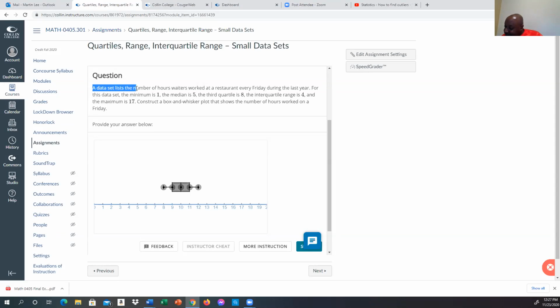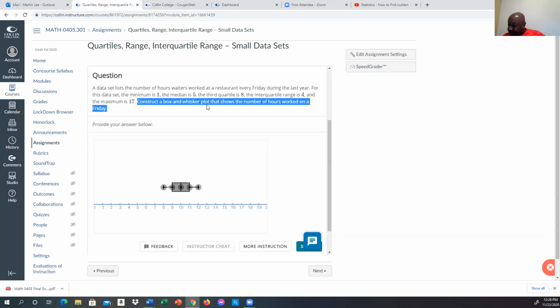Okay, data set list, number of hours. For the data set, the minimum is 1. The median is 5. The third quartile is 8. Interquartile range is 4. And the maximum is 17.